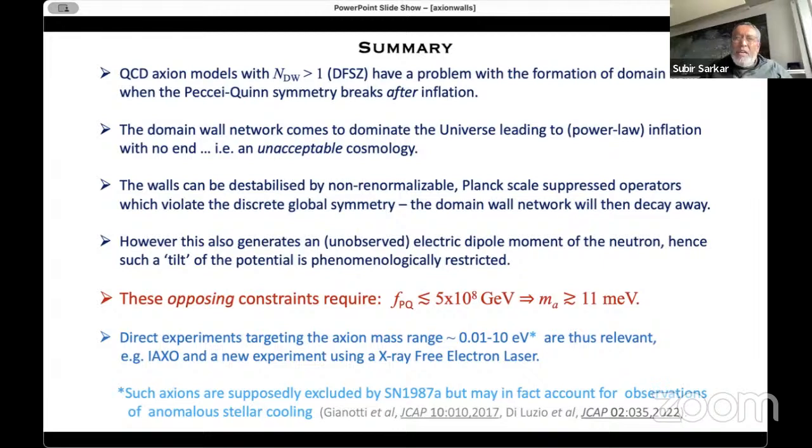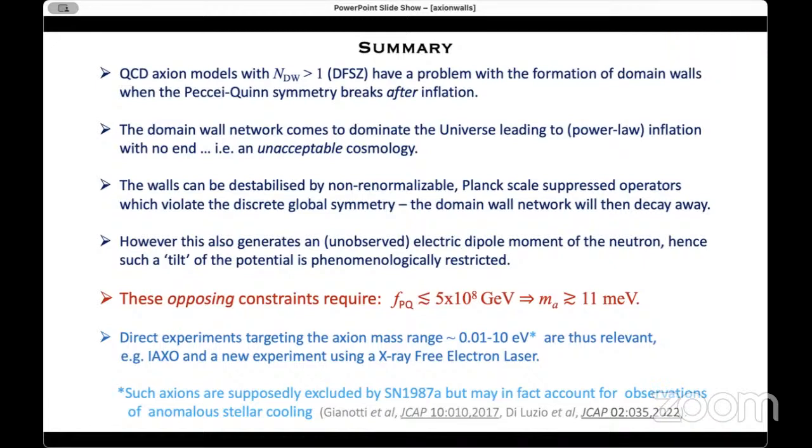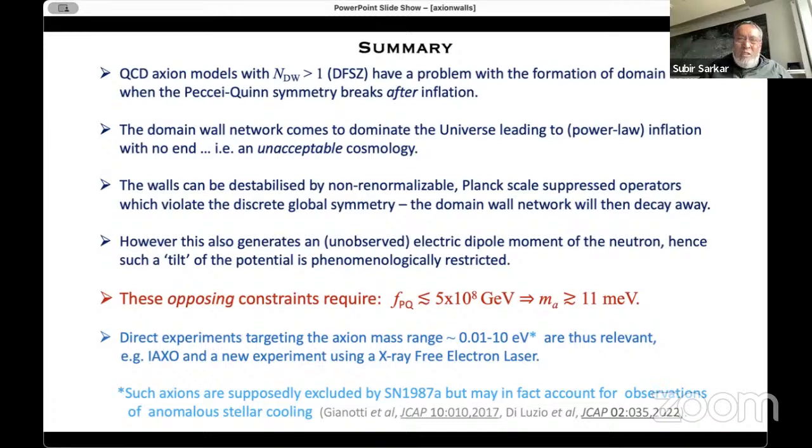No, but the symmetry is not being broken explicitly in the Lagrangian, right? Okay. So we are discussing the formation of domain walls in the context of some model for the axion, right? In that model, let me go back to the slide that is relevant so you can see what is going on.